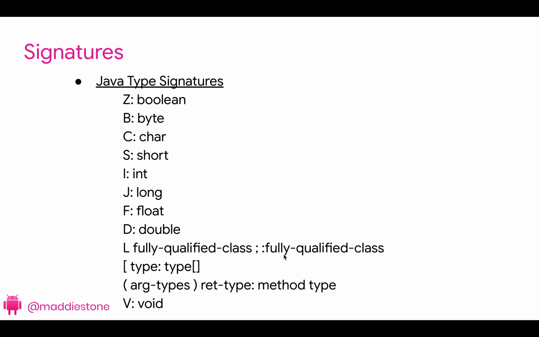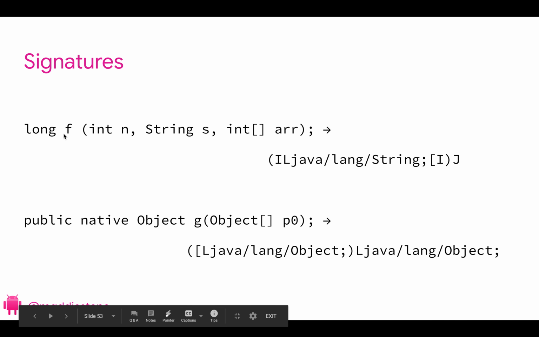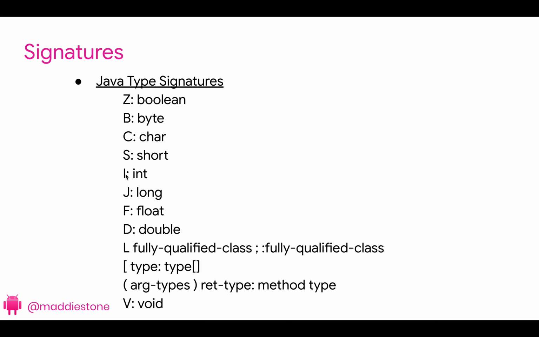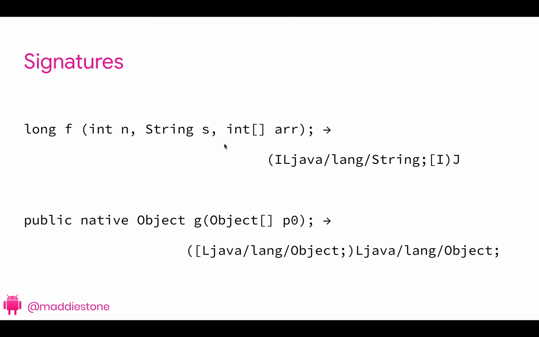So what this looks like in practice is, let's say we have the function f, which returns a long and takes an int, a string, and an int array. Then its signature, which would be passed within the struct to register natives, is an open parenthesis to designate arguments. Int is a primitive and its code, as we see here, is a capital I. So we have I. String is not a primitive, so we have L, then the fully qualified class name, java/lang/String, semicolon.